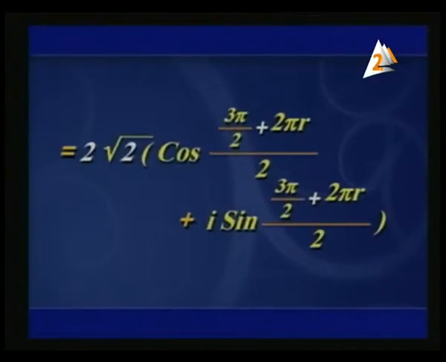Then it equals 2 root 2 times cosine of 3 pi over 2 plus 2 pi r over 2, plus i sine of 3 pi over 2 plus 2 pi r over 2, where r equals 0 and 1.